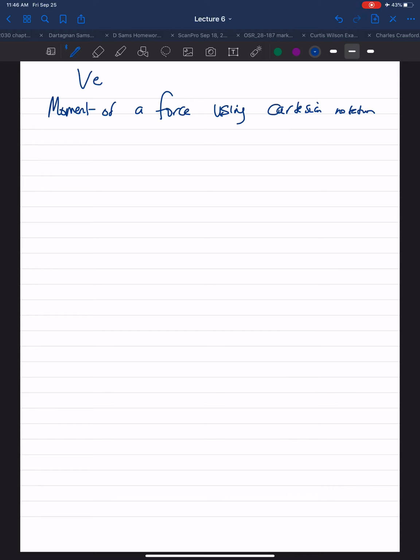Remember, vectors need magnitude plus direction, and Cartesian vector notation makes that exponentially easier to write and work with.